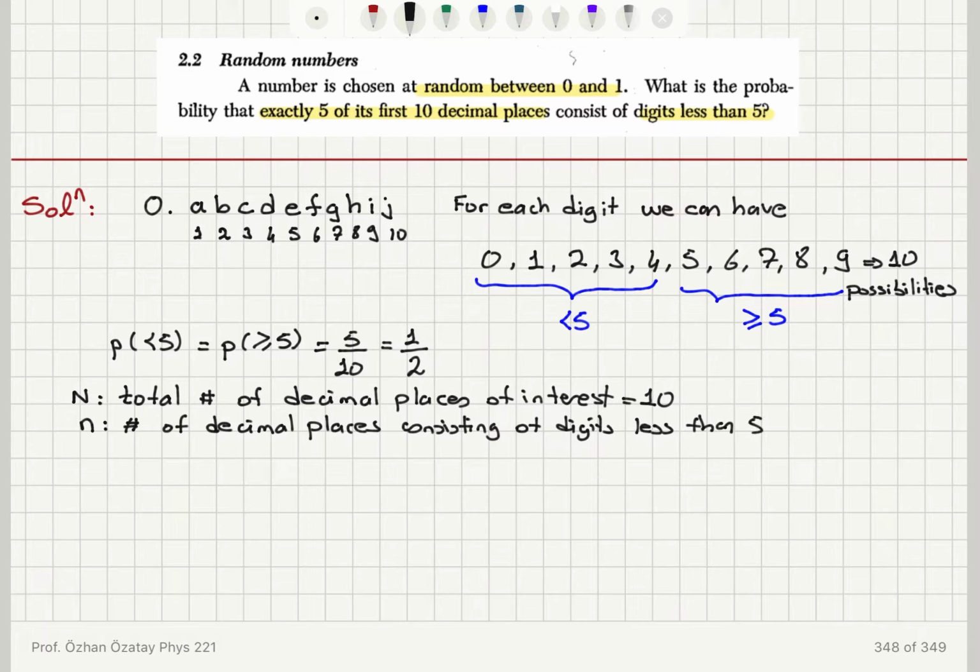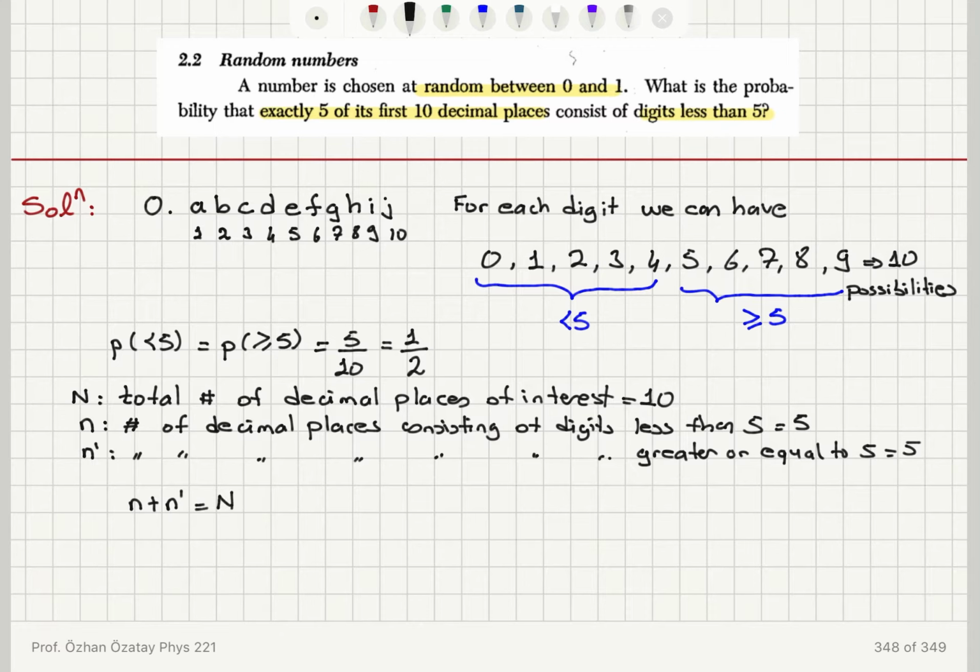And how many do we want? We want to have exactly 5. And therefore n prime should be the number of decimal places consisting of digits that are greater or equal to 5. And that is also 5. And as you can see, n plus n prime is equal to capital N.